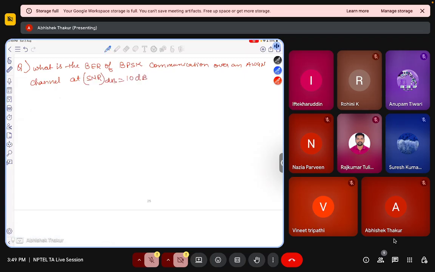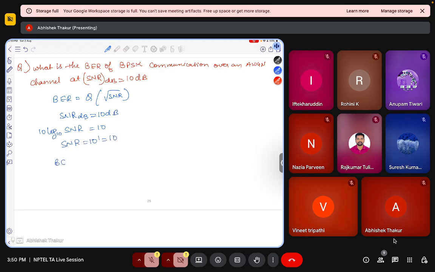So we can solve this in different ways, whatever formula we have studied. But here for the bit error rate, Q of square root of SNR, we can use simply, and SNR in dB is given as 10 dB. So our SNR value is equal to 10 to the power of 1.